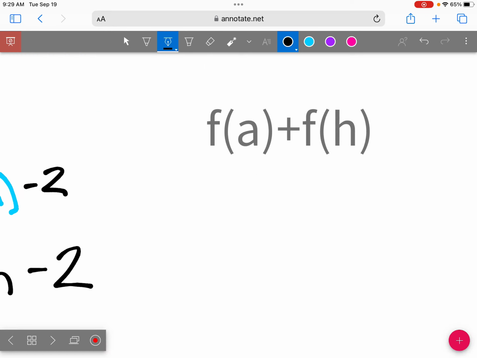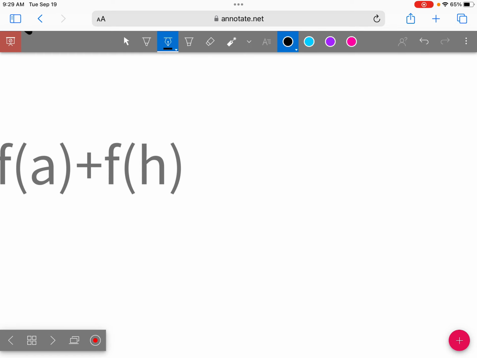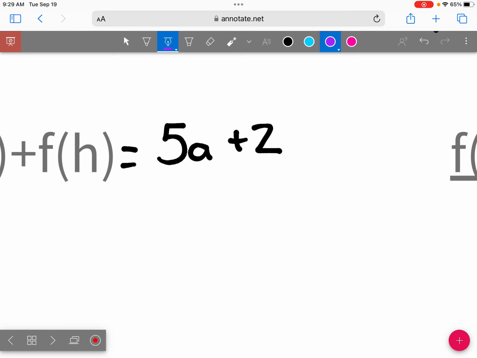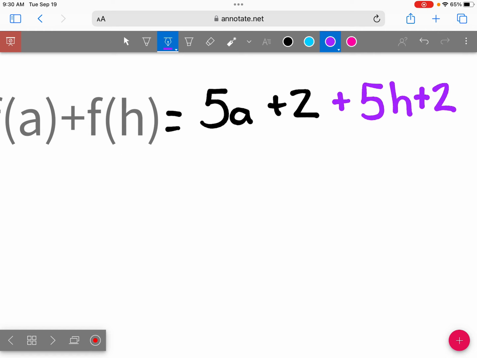So we're going to do now f of a plus f of h. So f of a we've done. f of a is just 5a minus 2. f of h is 5h minus 2.